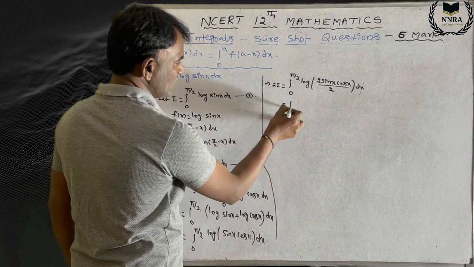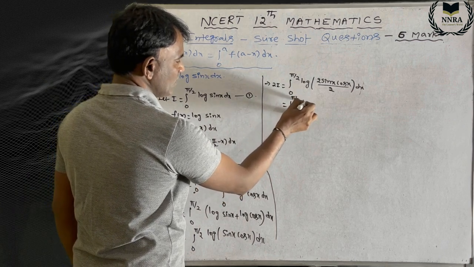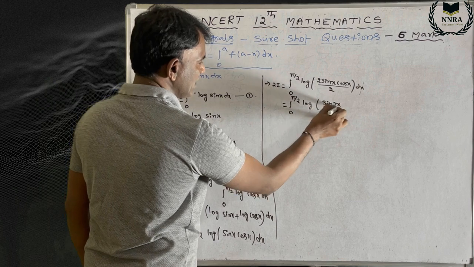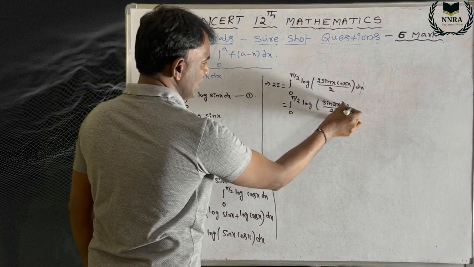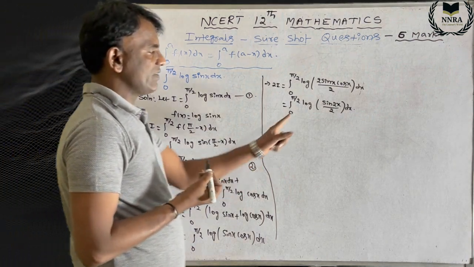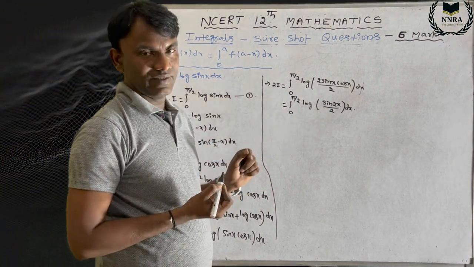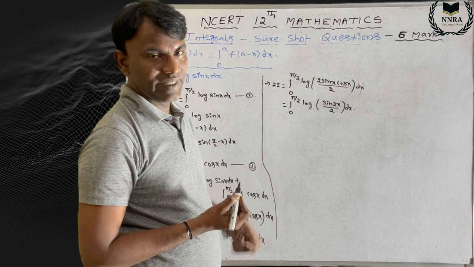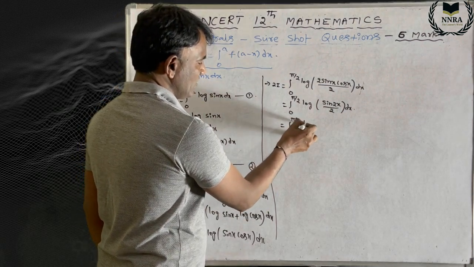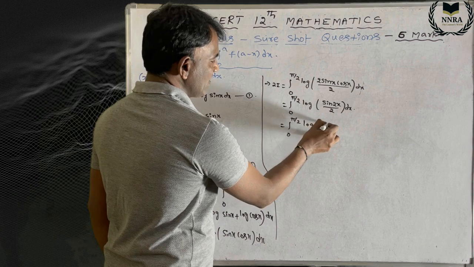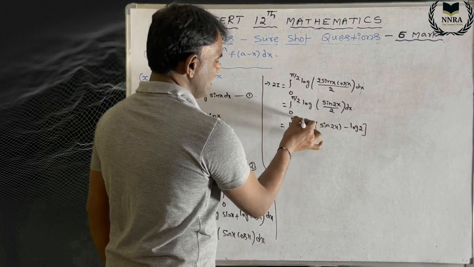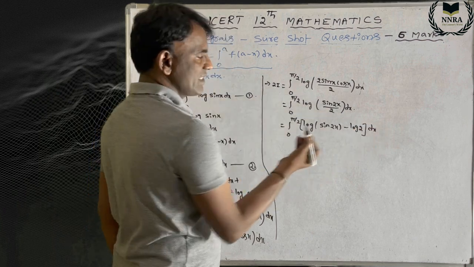Then how to write that numerator? 2 sin theta cos theta can be written as sin 2 theta, and divide by 2, then dx. Okay, now this is the form of log of a by b, na? So log of a by b means log a minus log b. So how to write it? Integral 0 to pi by 2, log a means log of sin 2x, minus log b means log 2, then dx, right?